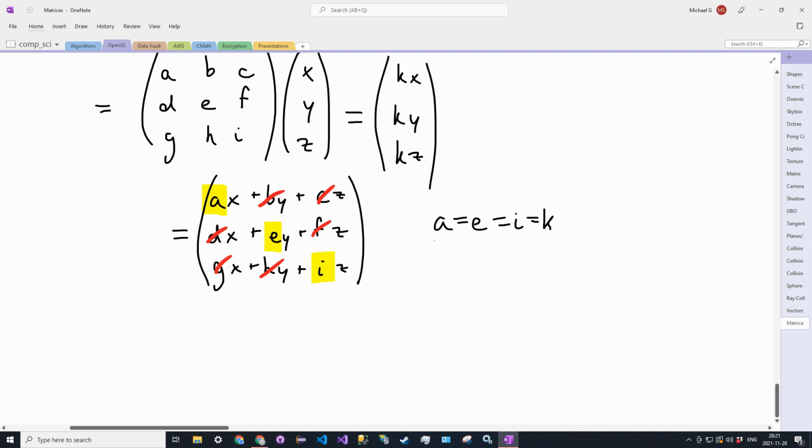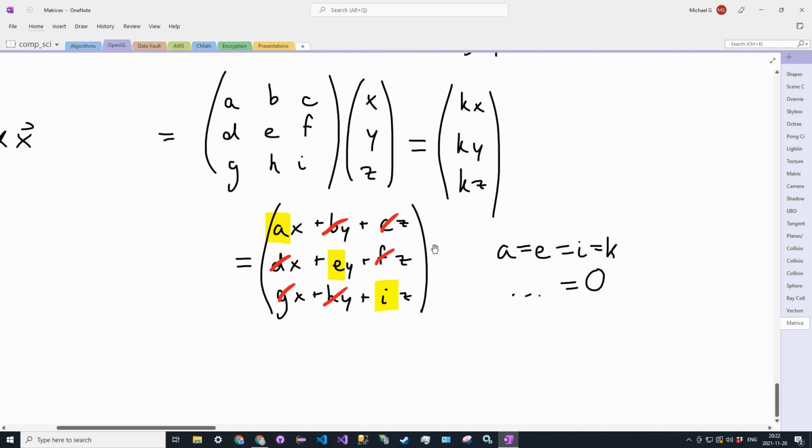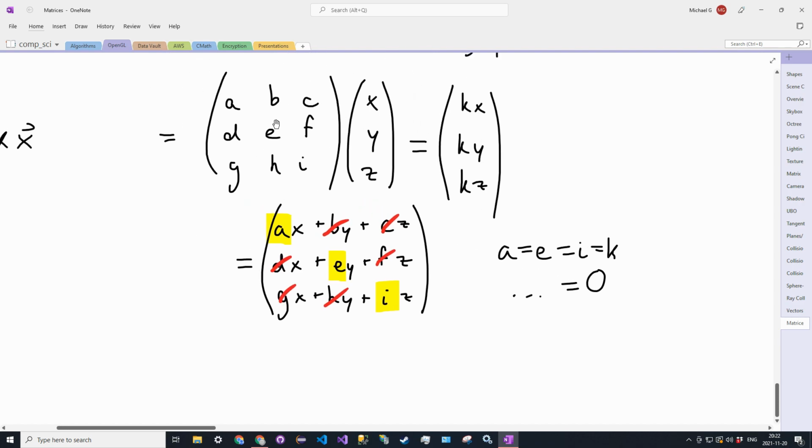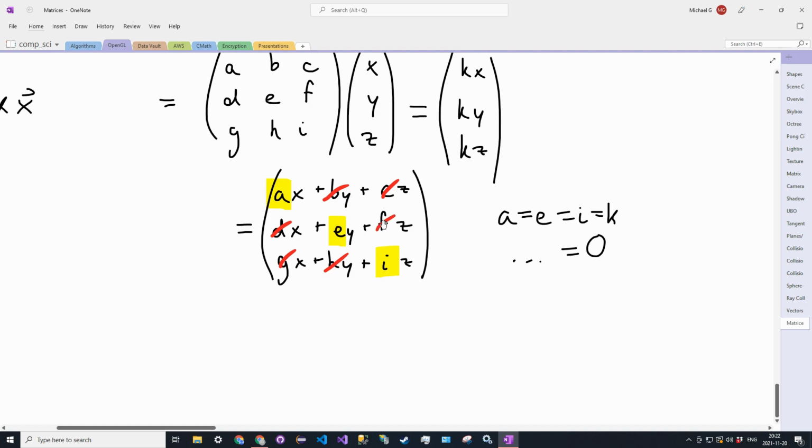And then all the others equal 0. And this kind of paints a nice picture of translating matrix vector multiplication into its expansion, just because you take the elements of the vector and insert them in each row and do the dot product there. So T has to equal the matrix with k in the diagonal.